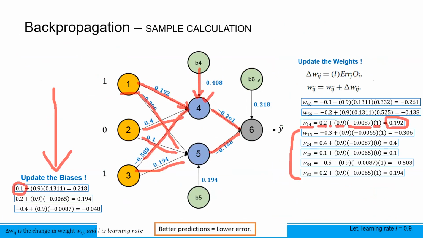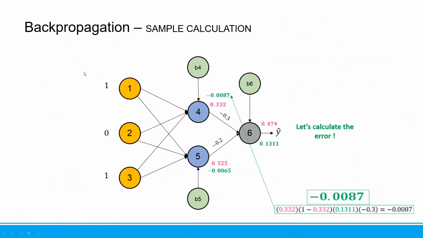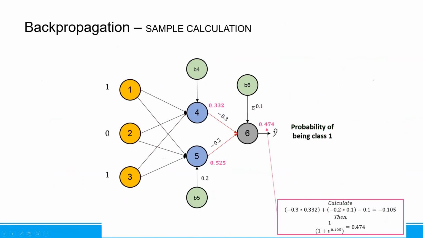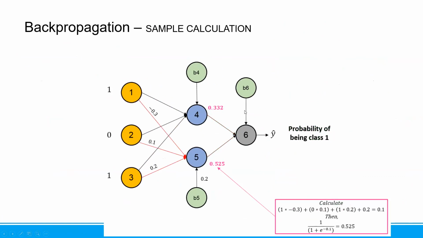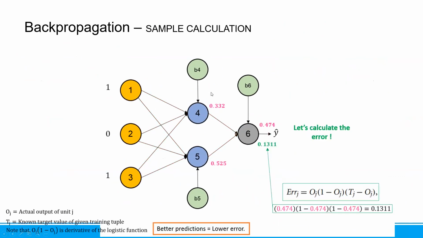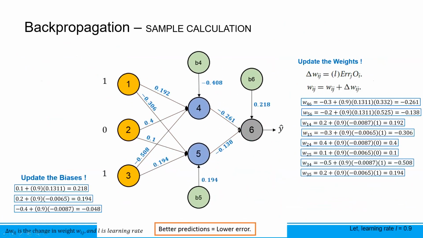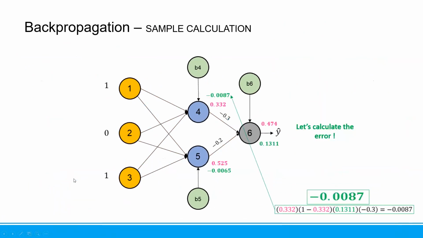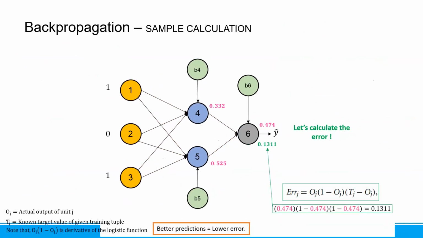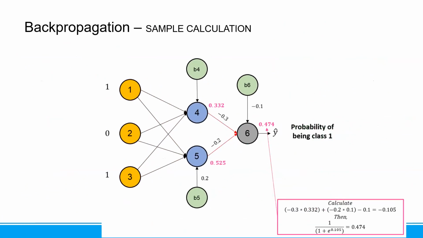So here is the bias 0.1. Oh, this is minus 0.1. Oh, I didn't put the formula for this bias. Where do I put this?